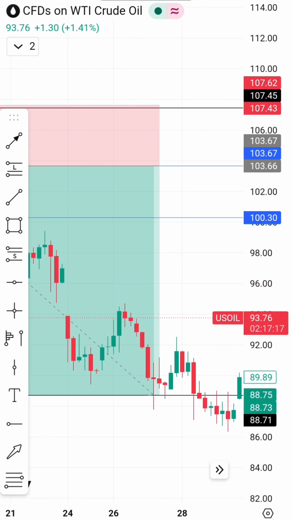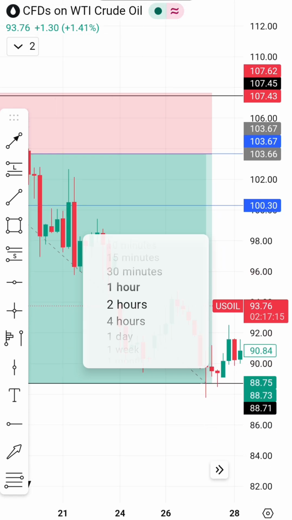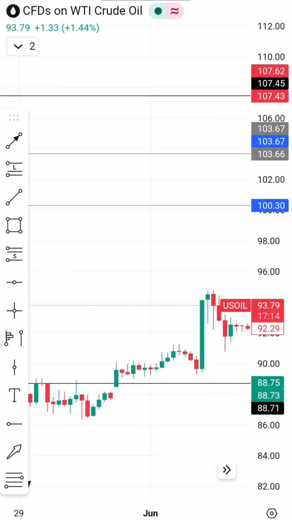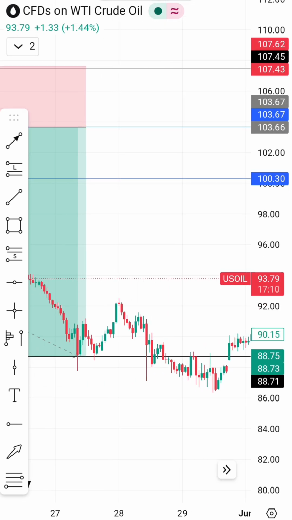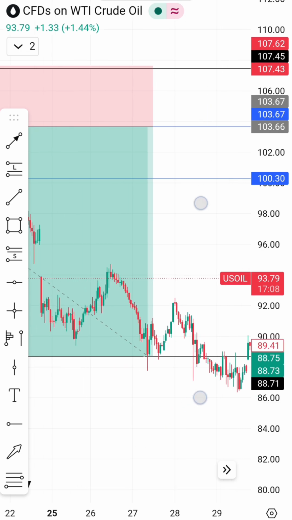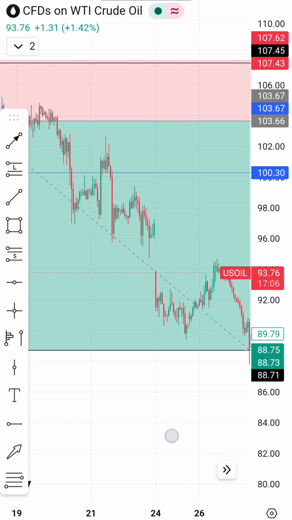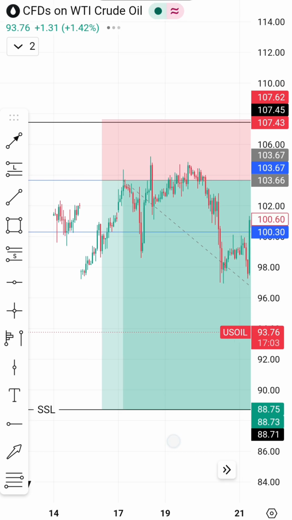Let me put it on one hour so we don't confuse. I hope we are all together now. So with that, I hope you've understood how to analyze using market structure. If you are good at analyzing using market structure, you will become profitable.